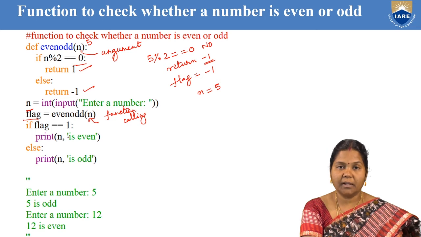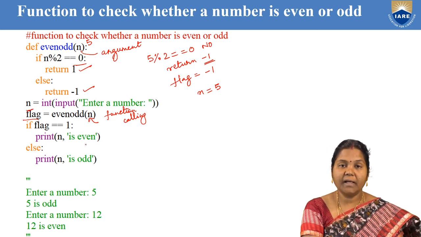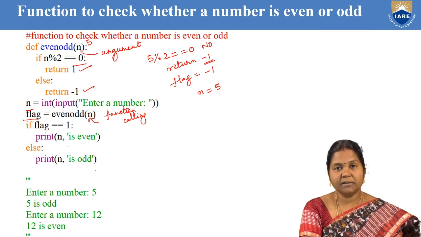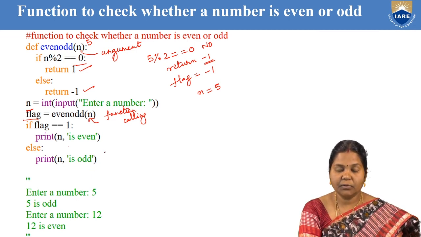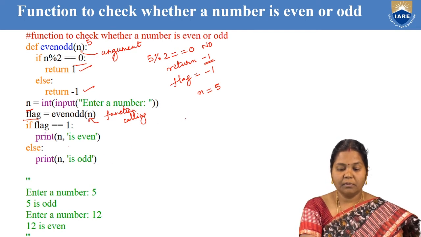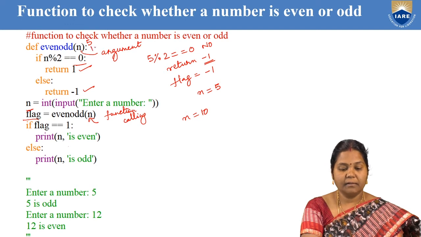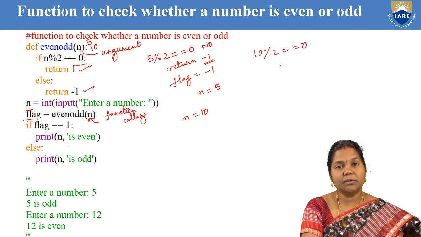So I'm checking over here by writing the logic. If flag is equal to 1, then you print that n is even. If flag is equal to minus 1, then it will print that n is odd. That means if it is not 1, then the return value is minus 1, then it will print that n is odd. So if you provide n is equal to 10, then it will do 10 modulus 2. 10 modulus 2 is equal to 0.